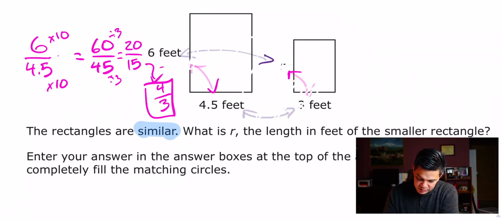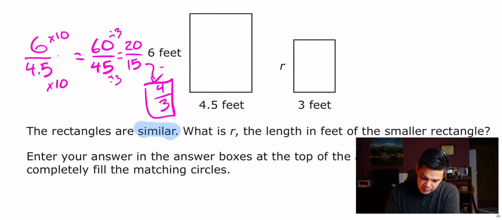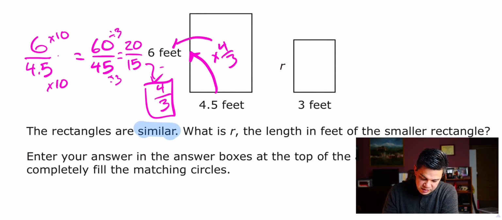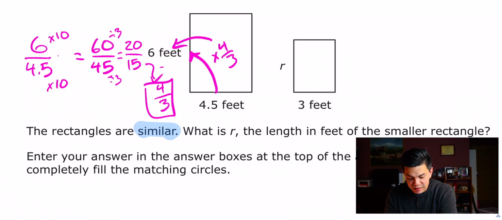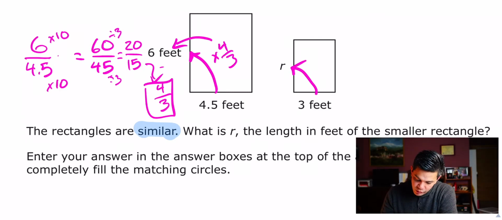So let's see if we can stick that in here. I'll draw you some arrows. So it's basically 4.5 times 4/3 is going to get me 6, is basically what we just figured out. Or you can take 6 times 3/4 to get 4.5. But since we're going this way, we're more interested in multiplying the 3 by 4/3.